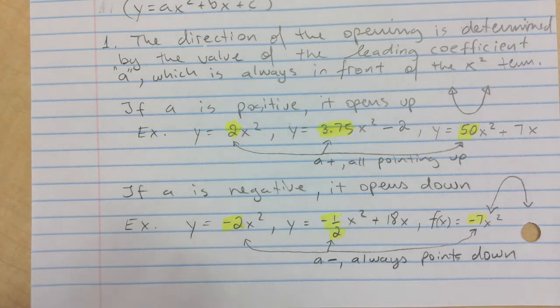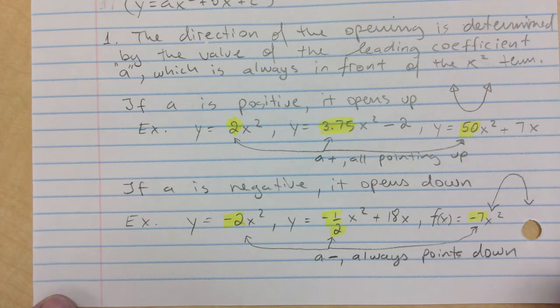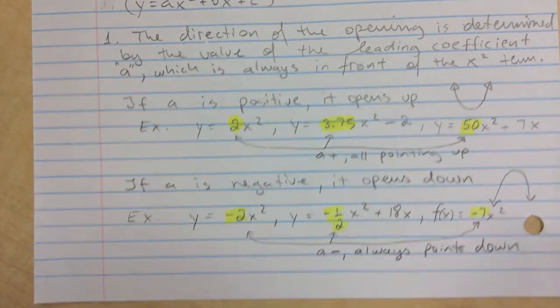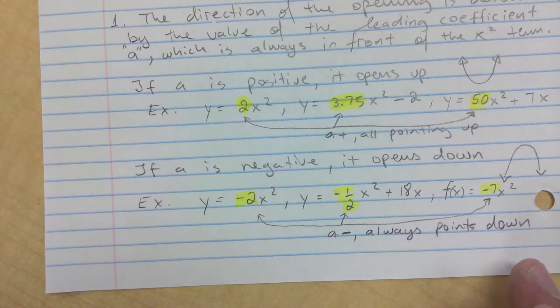Okay. So if you get the equation and you look at the a value right away without even graphing it, you should be able to tell. You know it's going to go down, right? I think that's all I'm going to say about that. We're going to keep going.